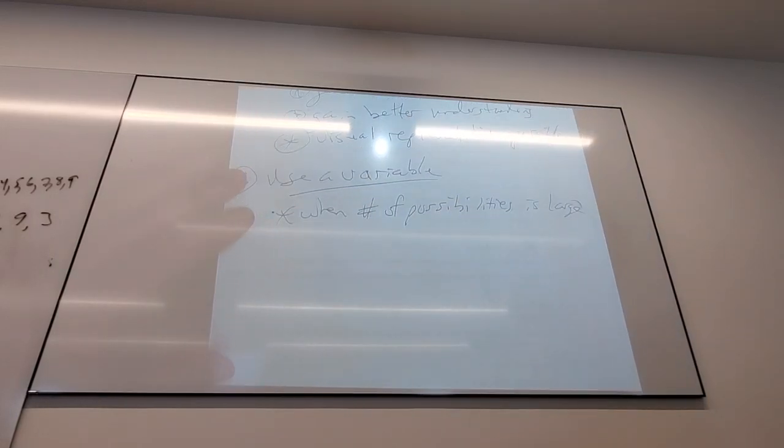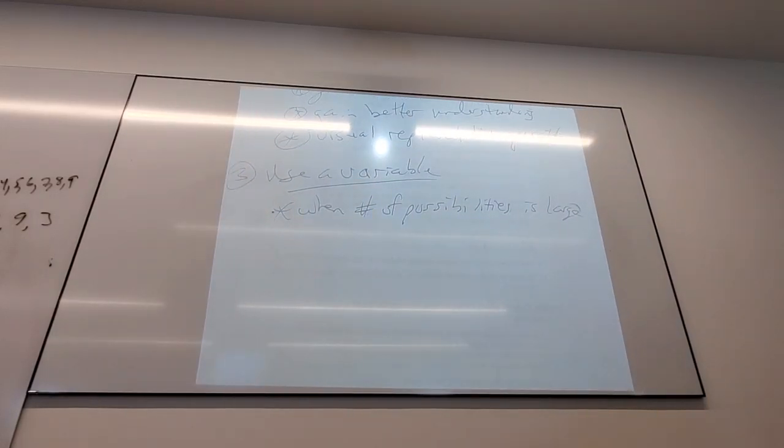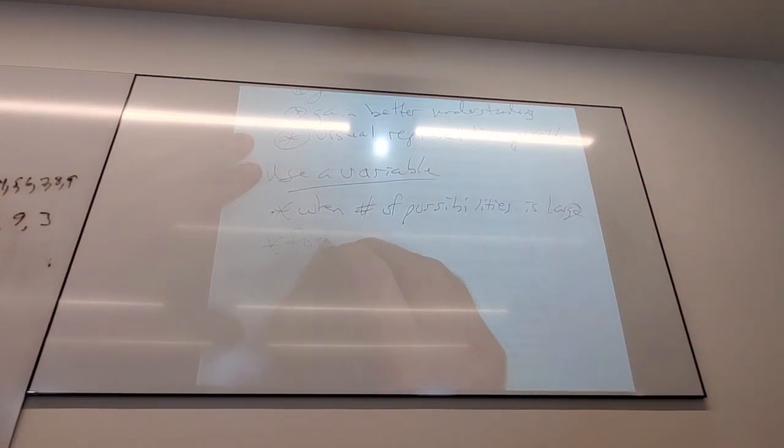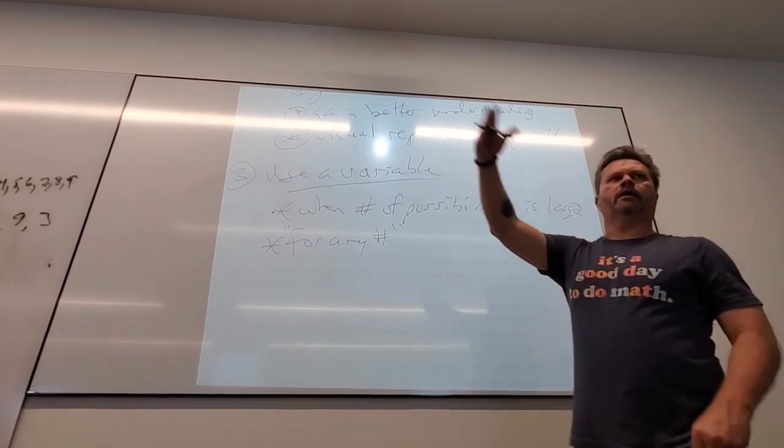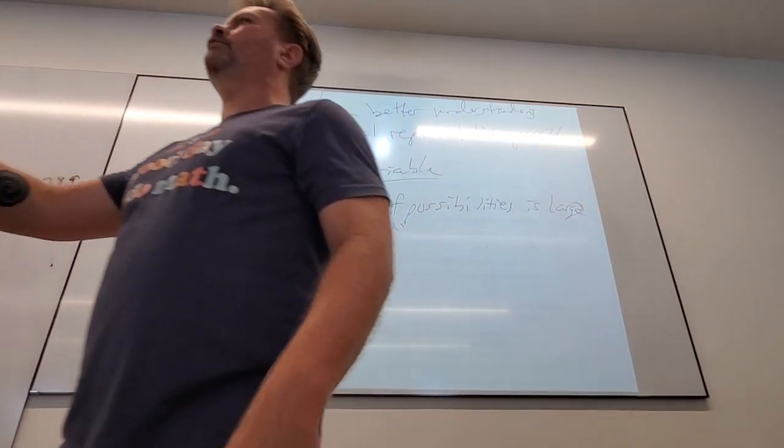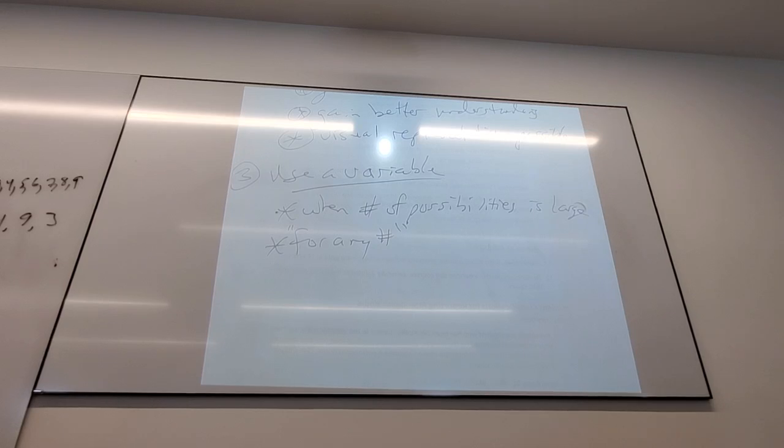When the number of possibilities is large, especially if it's infinite, that's kind of big. If you ever see a situation where they use the phrase for any number, sort of like the one we just did: for any number, if you double it and then add 10, and so on, you'll get 5. If I want to prove that, I've got to use a variable.